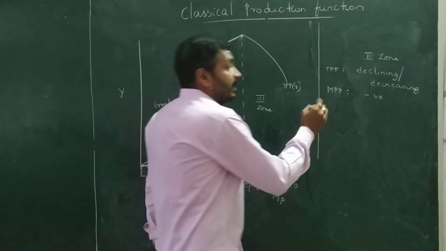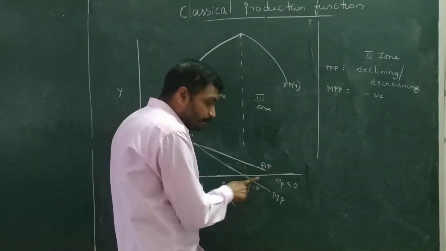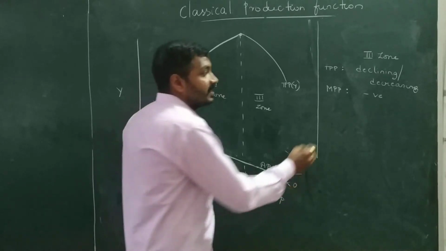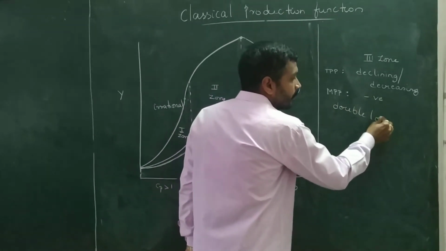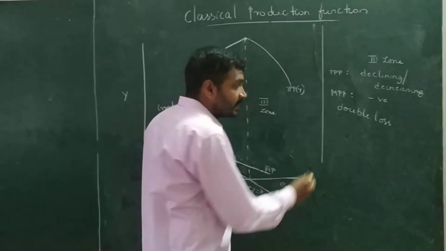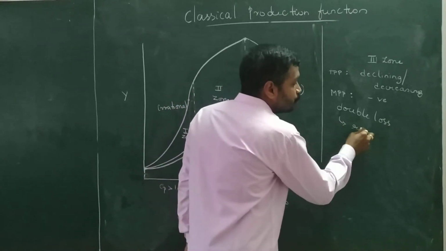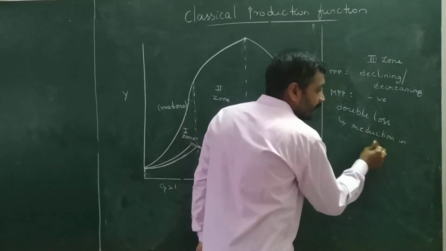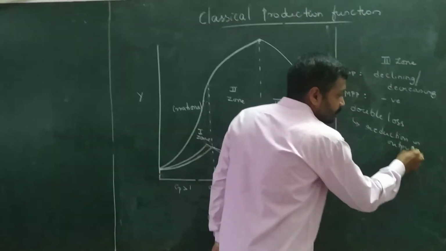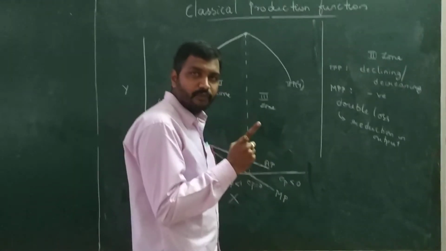If a farmer operates in this particular zone, no doubt he will incur what we call a double loss. Double loss in the sense that one is a reduction in output compared to the previous unit of input application. This is one type of loss.